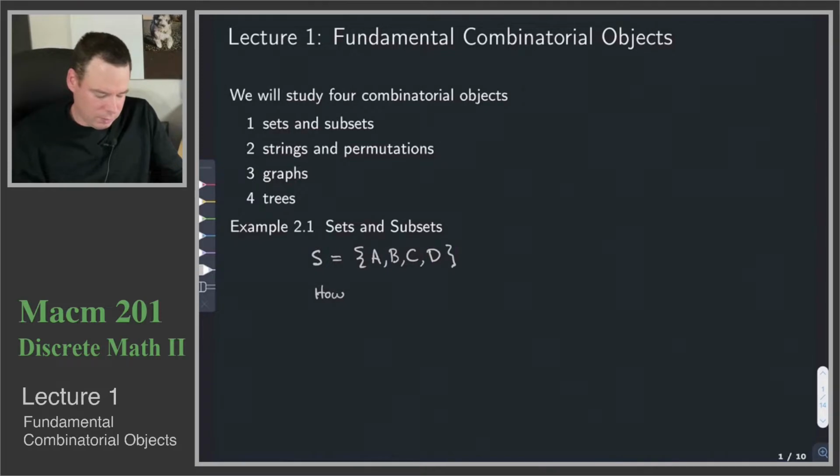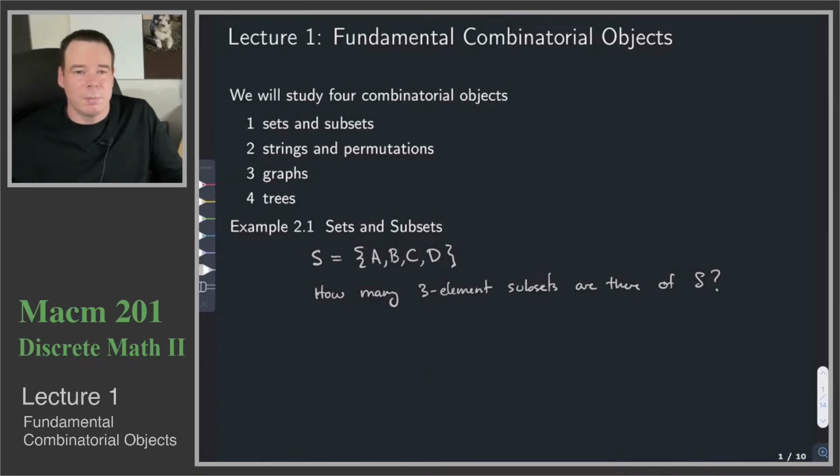And I'll phrase this as, how many 3-element subsets are there of S? Well, you may remember from Macm 101 that this is the number of ways to choose 3 of the 4 objects, and so the binomial coefficient captures that precisely. It would be 4 choose 3.